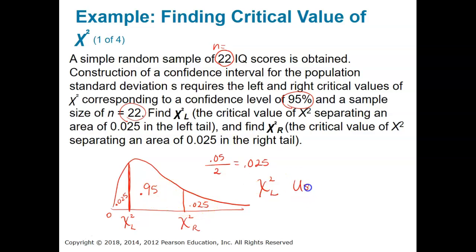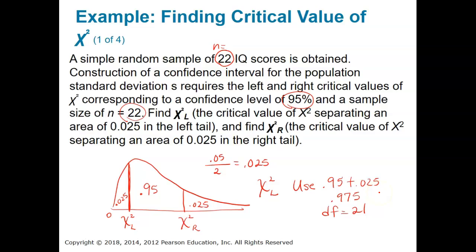So what I'm going to do is I'm going to use 0.95 plus 0.025. So I'm actually going to use 0.975, and my degree of freedom is going to be n minus 1, so it's going to be 21.